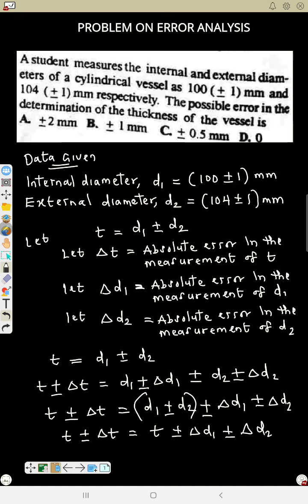Now if you collect like terms, that is t1 plus or minus absolute error in the thickness minus t, this t will come to this side, it will turn to minus, equals to plus or minus absolute error in internal diameter plus or minus absolute error in external diameter.